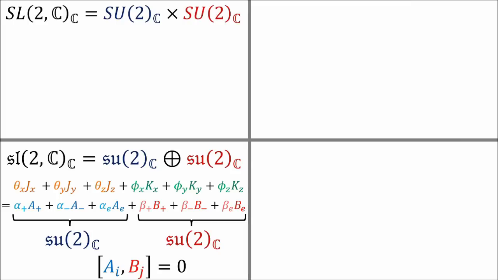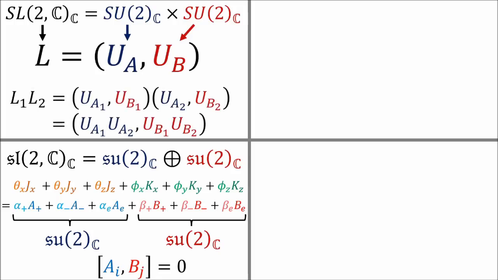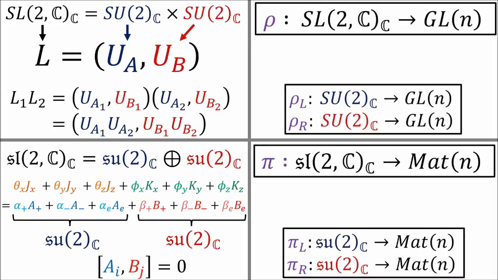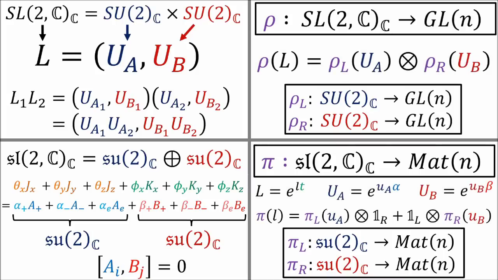And this means elements of the SL2C Lie group can be decomposed into pairs of elements from the complexified SU2 Lie groups. So to understand the irreducible representations of the SL2C Lie group and Lie algebra, we just need to pick 2 irreducible representations of the SU2 Lie group and Lie algebra, and take their tensor product.